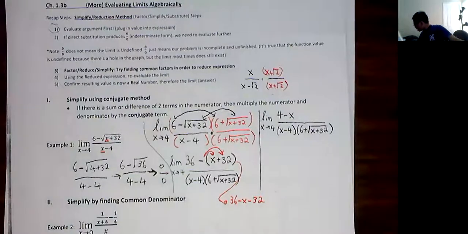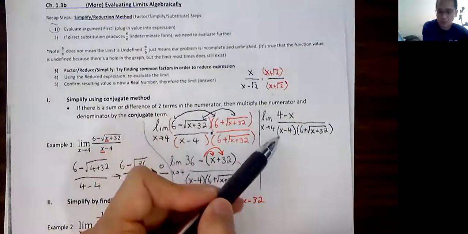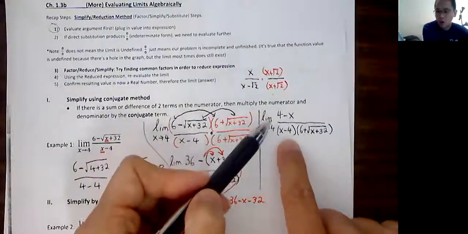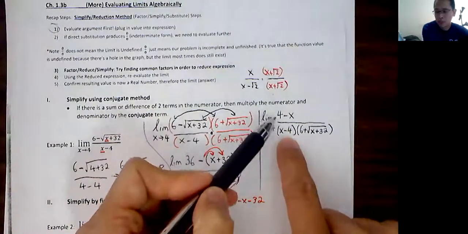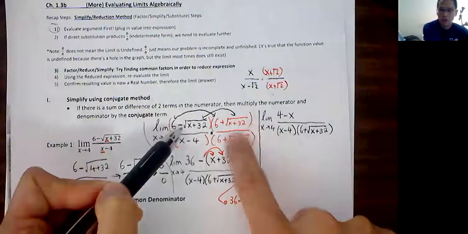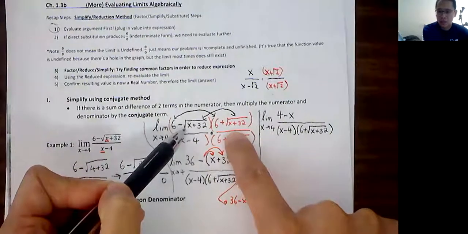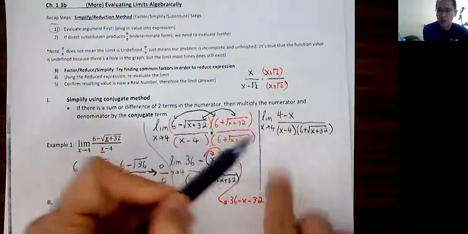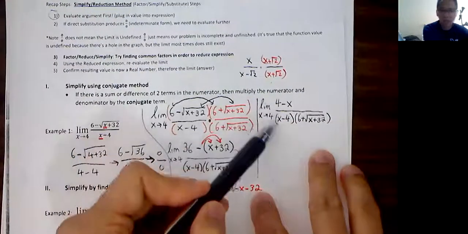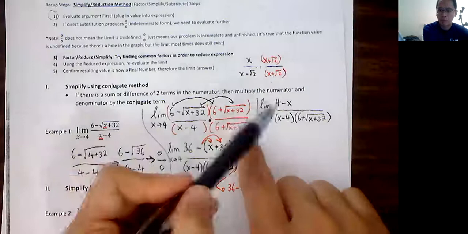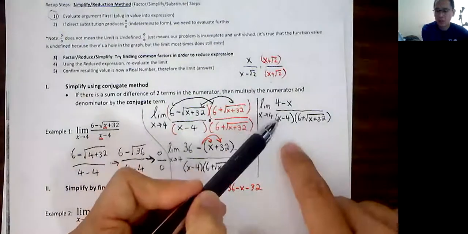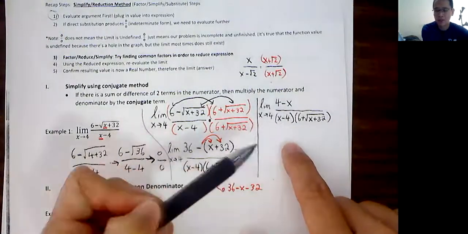Okay, so now we see the 4 minus x, we see the x minus 4. We know we're moving in the right direction. The numerator is matching a lot better than it was before, right? But it's still not a perfect match. The 4 minus x and the x minus 4 are off by a factor of -1.